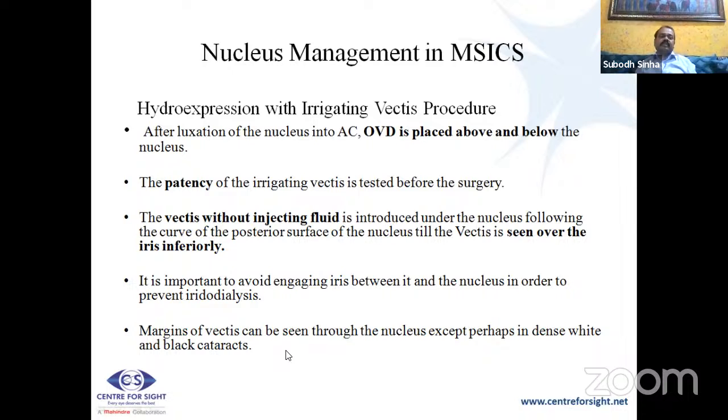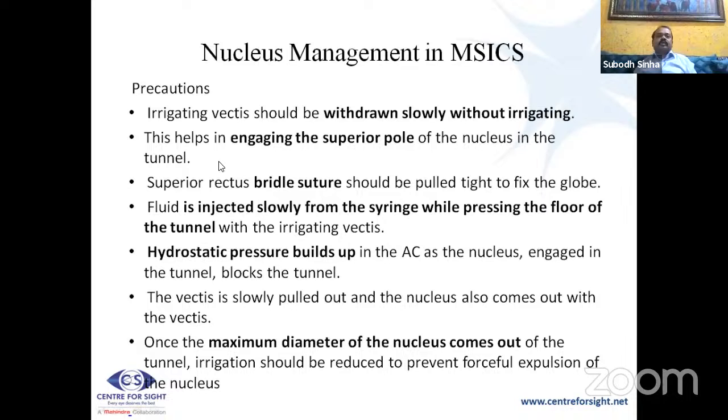Even in a very advanced cataract, you can see the margin of the vectis all the time. Then once you have engaged the nucleus, you should withdraw slowly without irrigating, just to engage the superior pole of the nucleus in the tunnel. And then you pull the bridle suture, and once the nucleus is engaged in the tunnel, you start injecting the fluid, which will build up hydrostatic pressure.